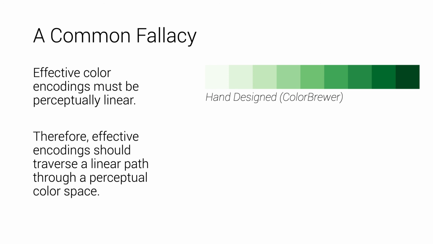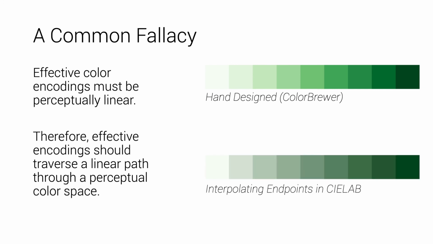For example, if we take our hand-designed ColorBrewer greens here, if we were to interpolate between the endpoints, we would get something that looks like this. And what you can see here is that interpolating endpoints along a straight line in CIELAB gives us bland and somewhat indiscriminable colors.